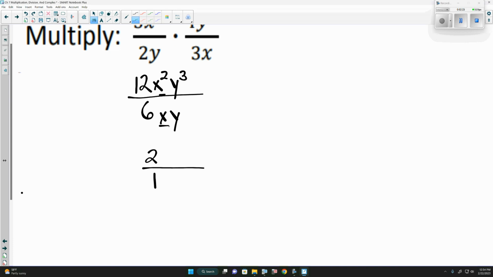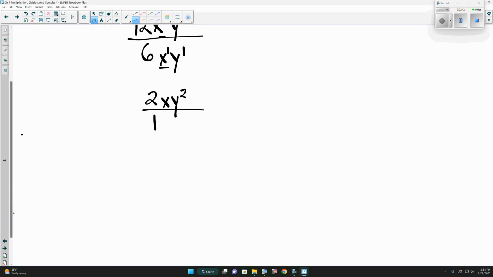Whenever we divide like bases, we subtract the exponents. X, and it's on top because 2 minus 1 is 1. Since it's bigger on top, it stays on top. The same thing is true with y to the third over y. 3 minus 1 is 2. And since it's bigger on top, it stays on top.